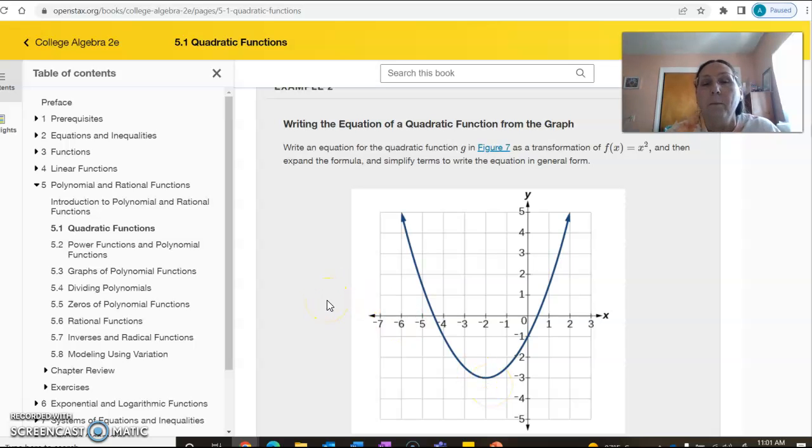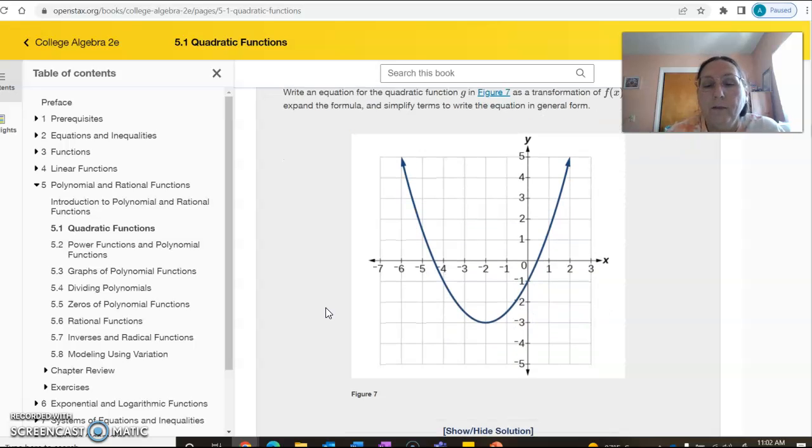You're not going to necessarily be making graphs. So we're going to read this graph, and we need to find the vertex. The vertex is the point of change on your graph. So it comes down and then it starts up. So our vertex for this graph is going to be -2, -3.